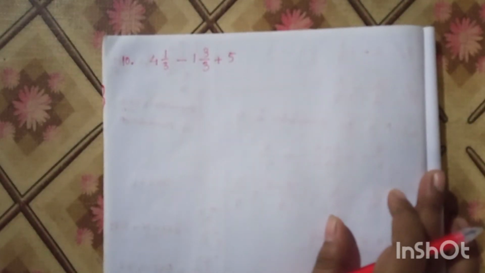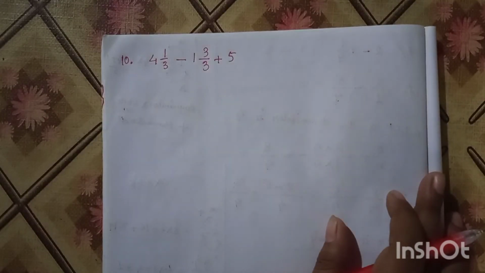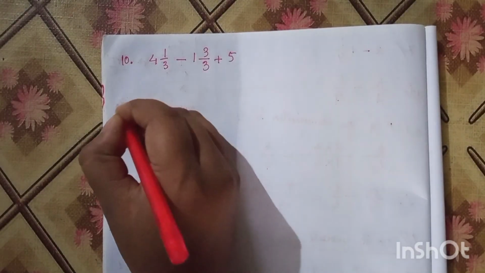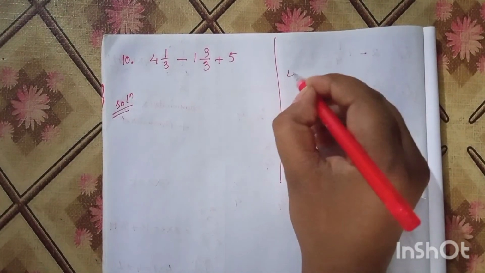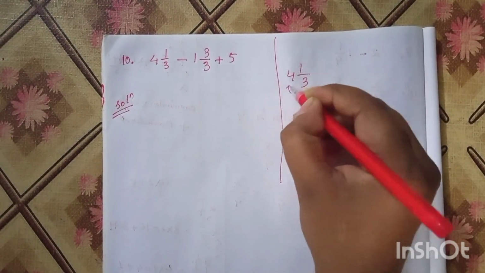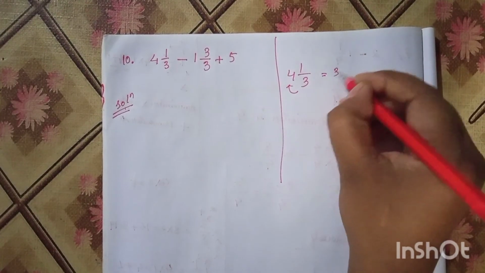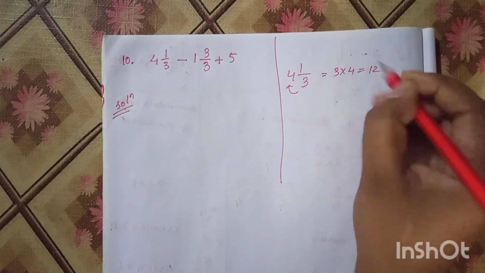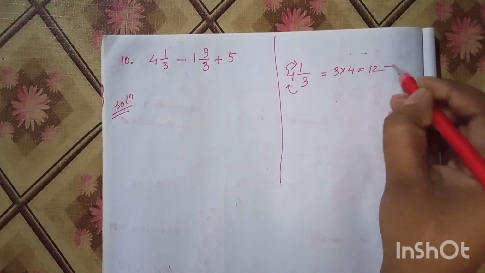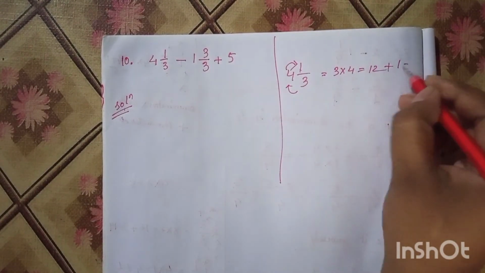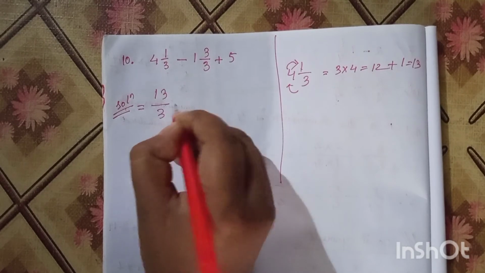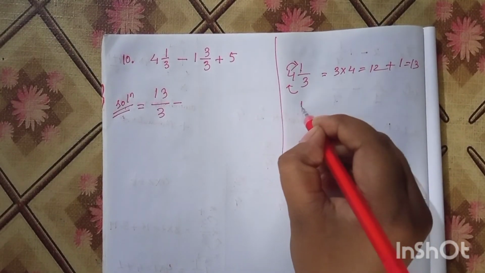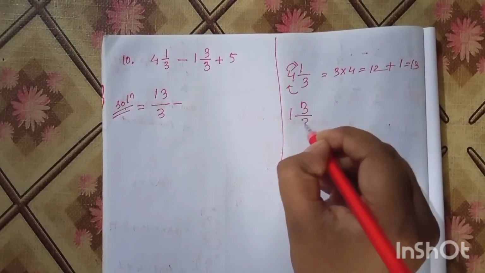Now look at question number 10. Here we have again mixed fractions. Let us convert them. First of all we have to multiply with this. So 3 4s are 12, then plus 1 is equal to 13. So it's 13 by 3. Now the next one is 3, 1.